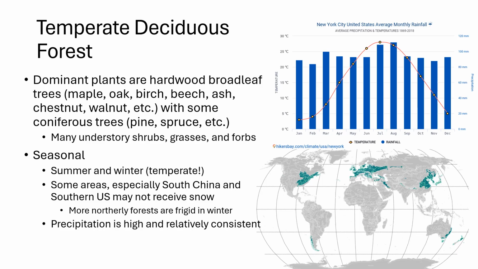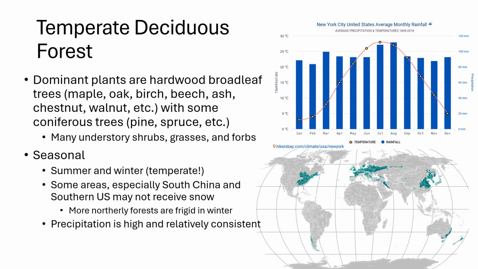for New York City. It's going to be dominated by angiosperm trees, what we're going to call broadleaf trees in this class. Those would be things like oaks, maples, birch, beech, aspens, poplars, chestnut, walnut, all of those different species of trees.